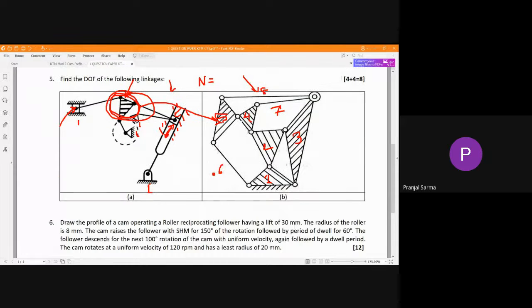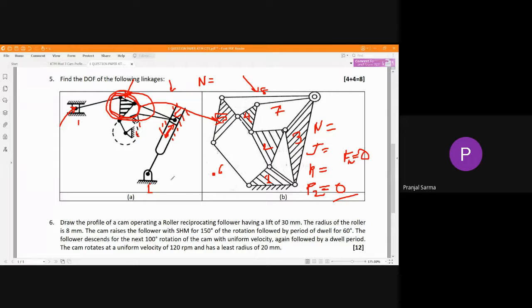Understood? So after that, you just have to find out n, which is given. From there try to find out the type of joints. From there we find out p1 and p2, and in this case the higher pair p2 is not there, so both will be 0. If there is any redundant degree of freedom, that you also find out. Here it is not there.